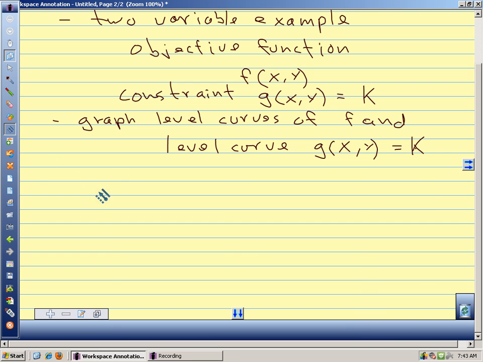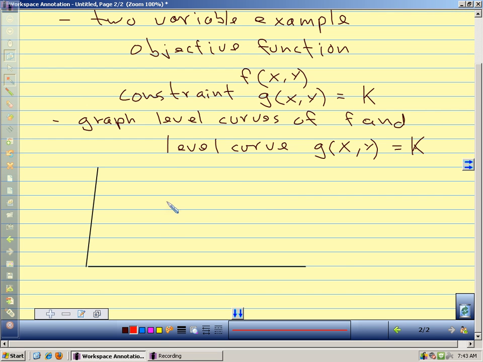So here are our coordinates in the xy plane, our axes. And let's say that this red curve is g of x, y equals k. So that's our level curve of g. And we're going to graph several level curves of f of x, y.